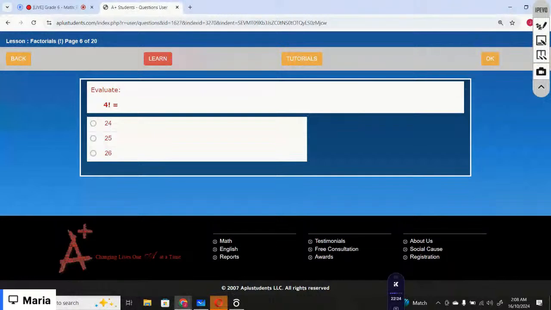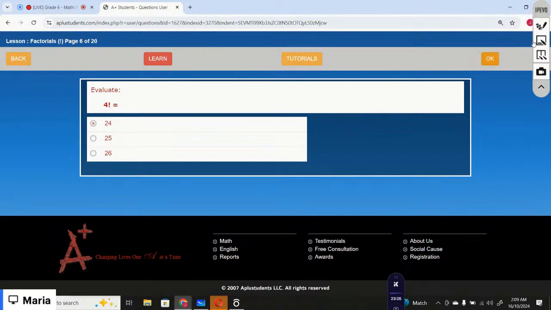4 factorial, which is the correct option? 4 factorial equals, very good, 24.